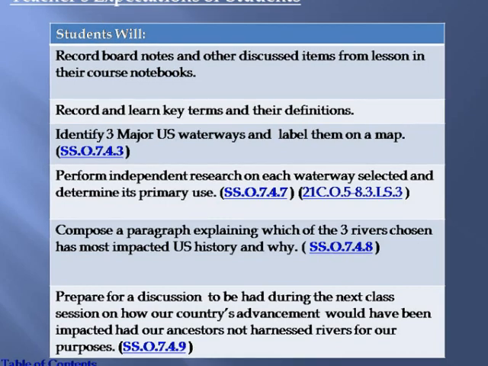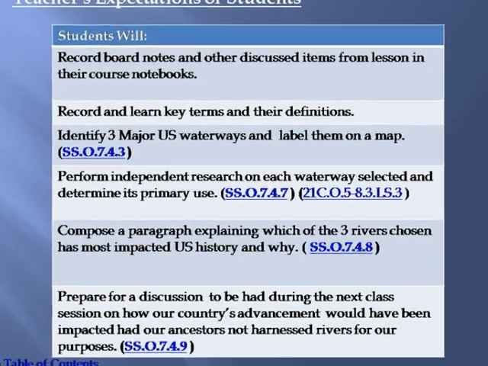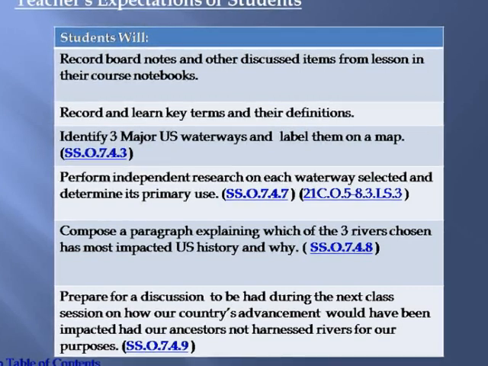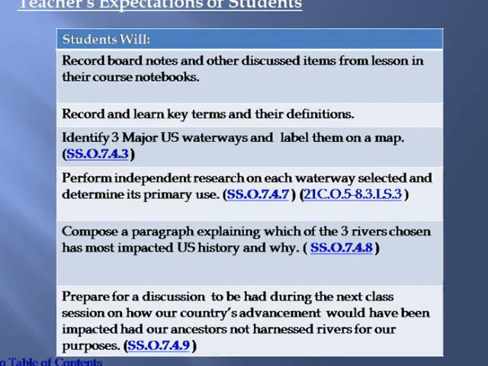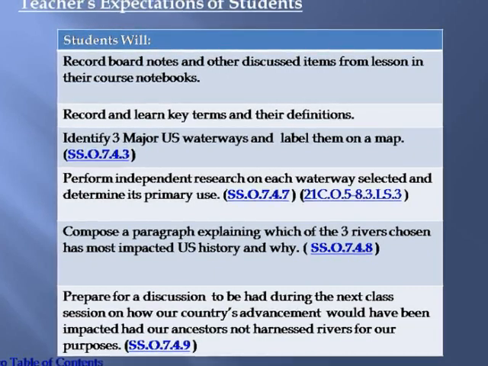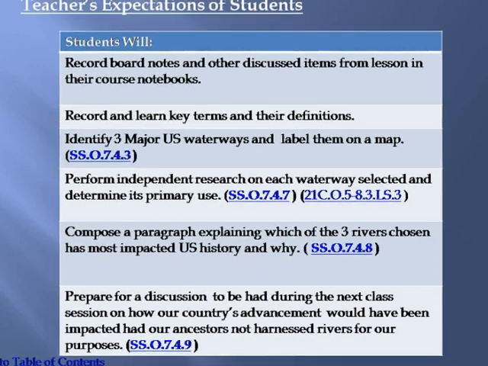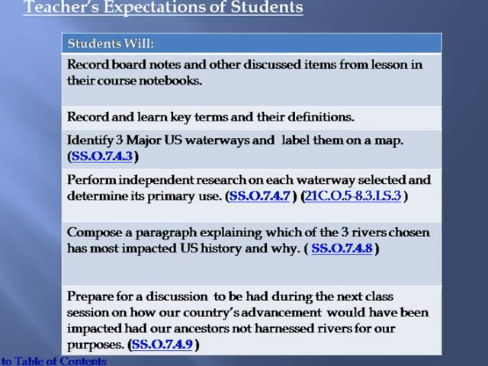I'm going to have them perform independent research on each waterway selected and determine its primary use. I mainly want them to explain to me, is it used for tourism, such as the New River in West Virginia is mainly used for whitewater rafting, or the Ohio is used for barge traffic for coal and other manufacturing goods, that sort of thing.